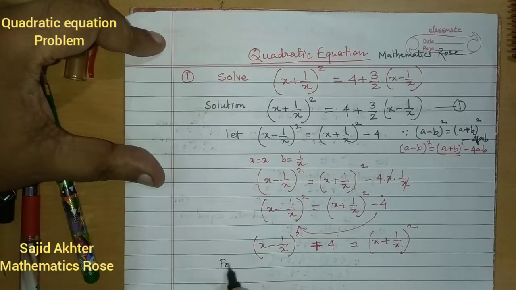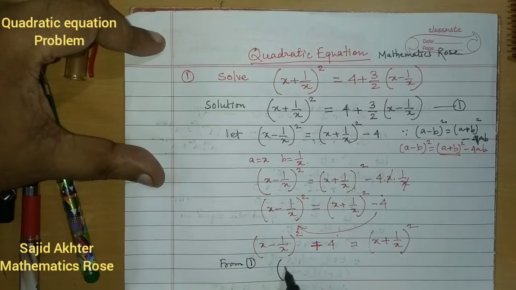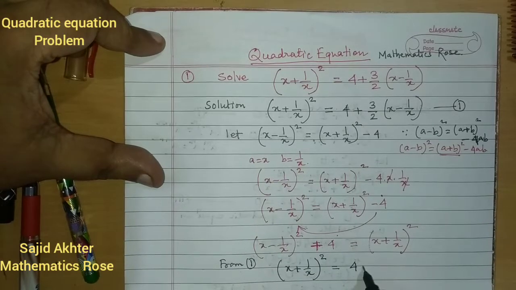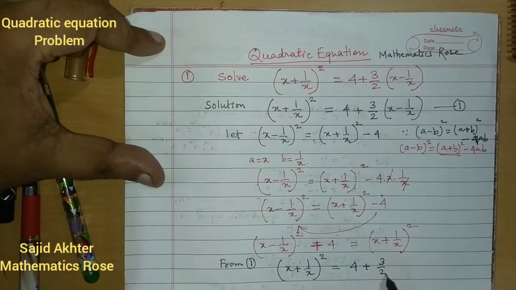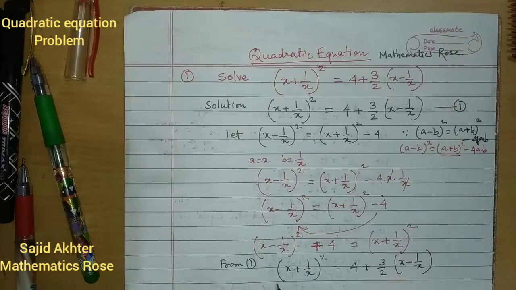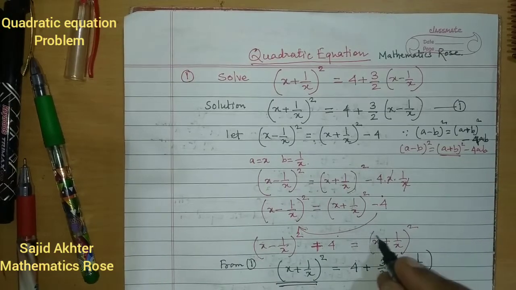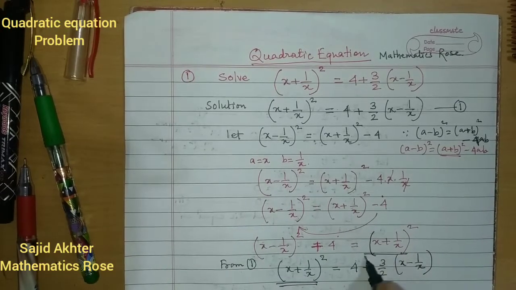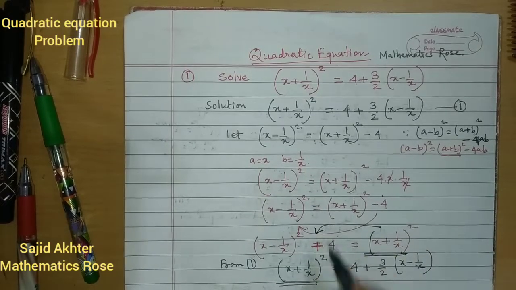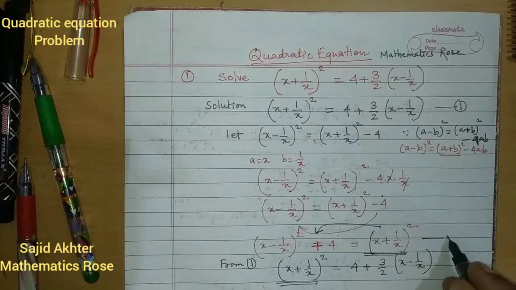Now from equation 1, it is given that (x plus 1 by x) whole square is equal to 4 plus 3 by 2 into (x minus 1 by x). In place of (x plus 1 by x) whole square, we can substitute from equation number 2.